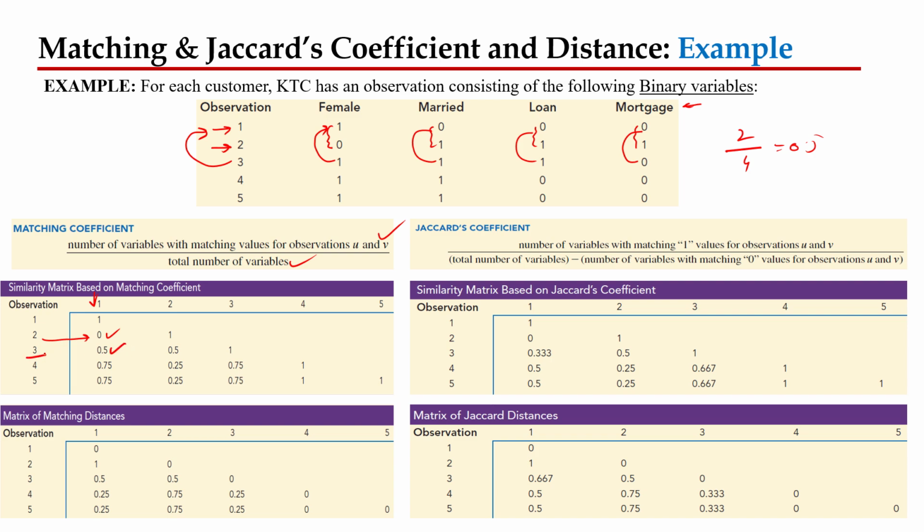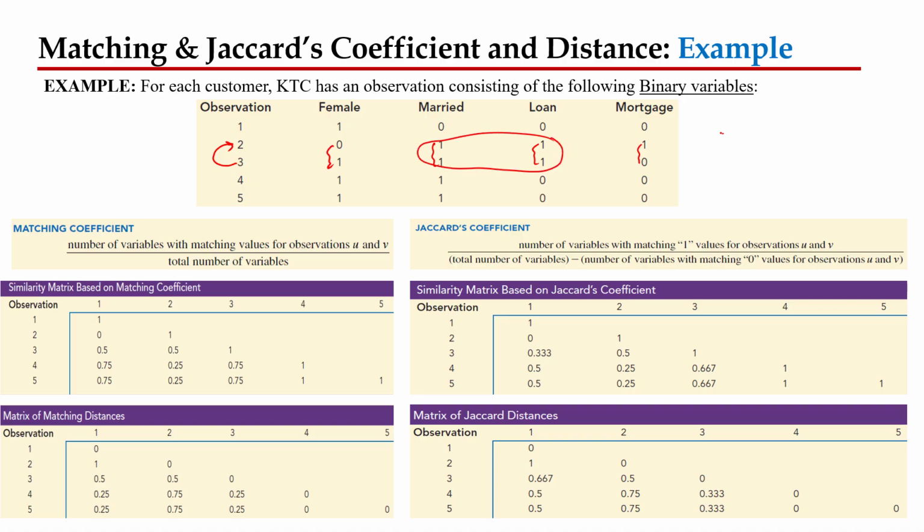Similarly, we compare the third observation with the second observation. 0 and 1 are not the same, 1 and 1 are common, 1 and 1 are common, 1 and 0 are not the same. Once again only two are the same, so 2 divided by the number of variables, and once again we get 0.5.